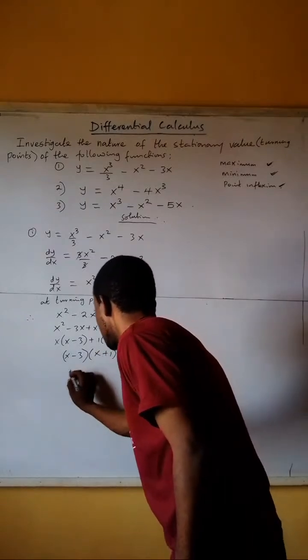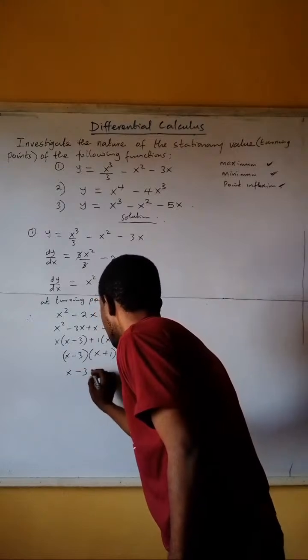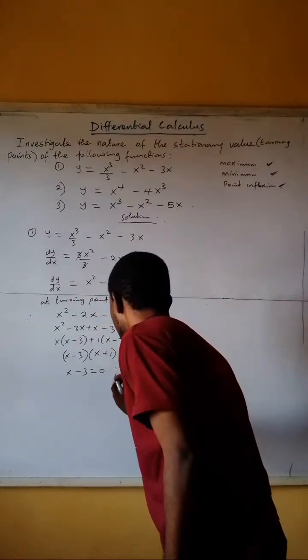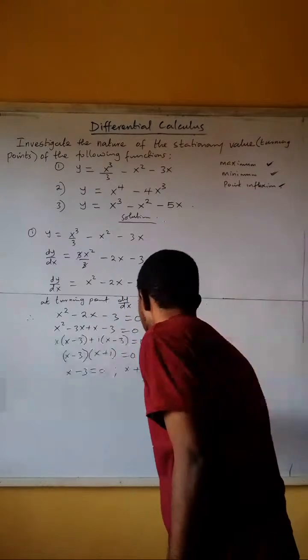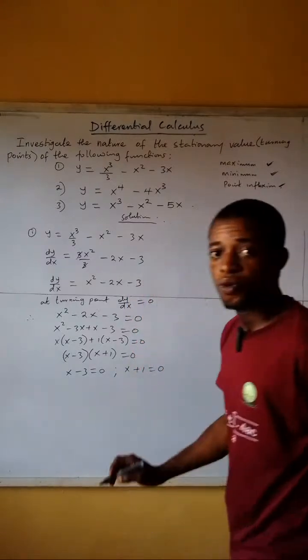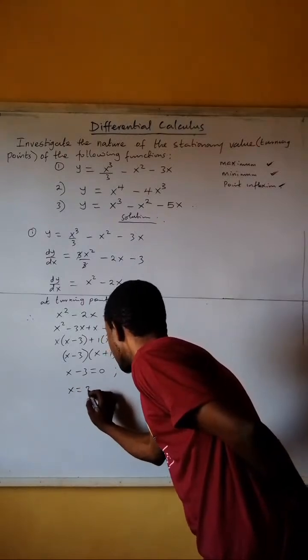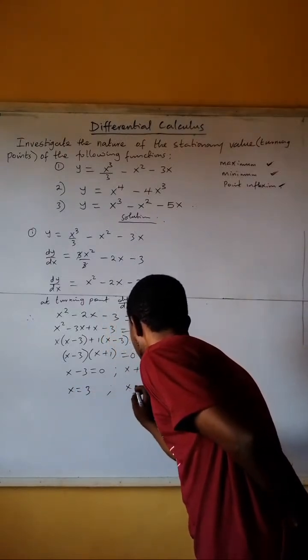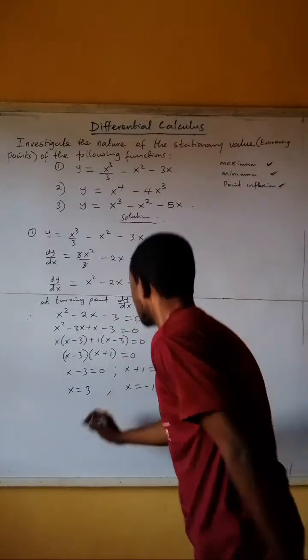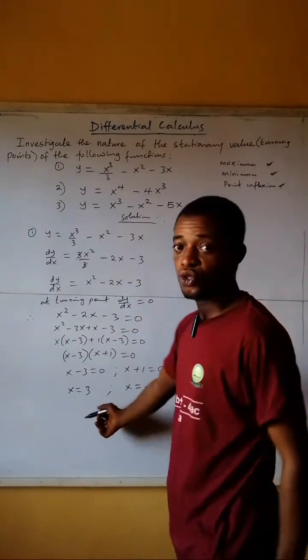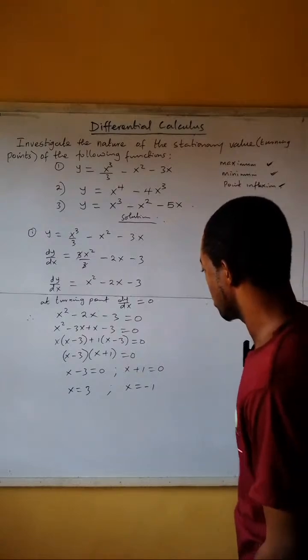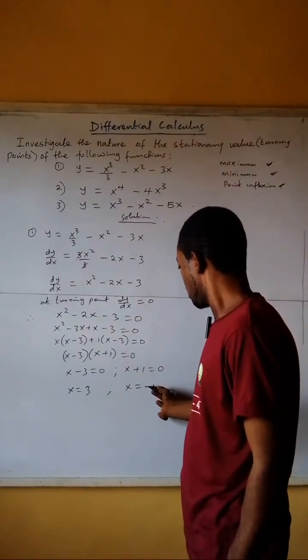So when we solve this now, we have either x minus 3 equals 0, or x plus 1 equals 0. That is, x equals 3 on this side, and here x equals minus 1. Now we have two turning points. We have the first one, x equals 3, and the second one, x equals minus 1.